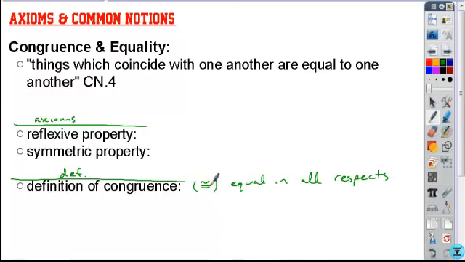As far as the axioms that relate specifically to this, one of the things that you're going to see when we start doing proofs next section is that in order to work with elements in a proof, you have to have those elements introduced. So it might be part of the given statement. It might be based on postulates, axioms, or definitions. And so if an item doesn't exist in a proof, one way to introduce it is to use the reflexive property.